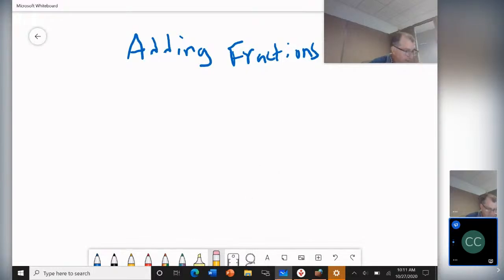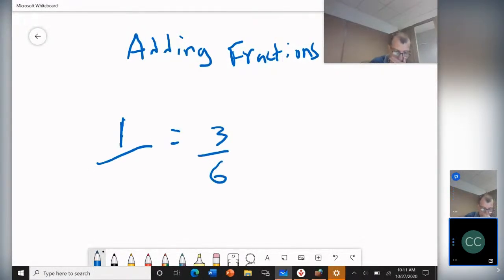If we have 1 over a blank number equals 3 over 6. We know 1 times 3 equals 3. And over here, 3 times what equals 6?